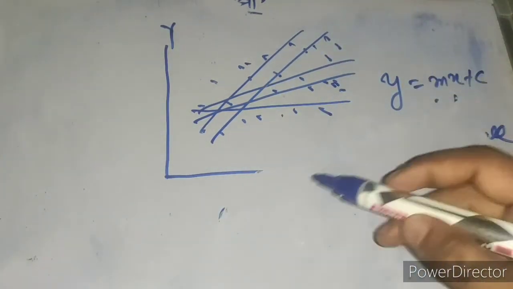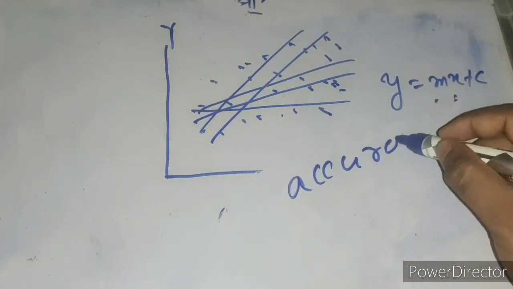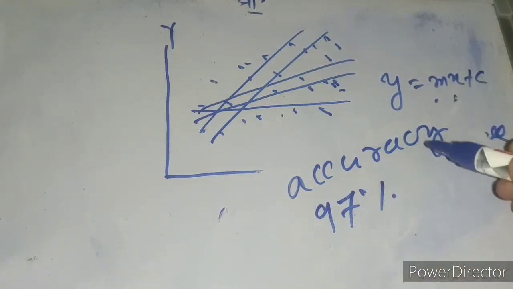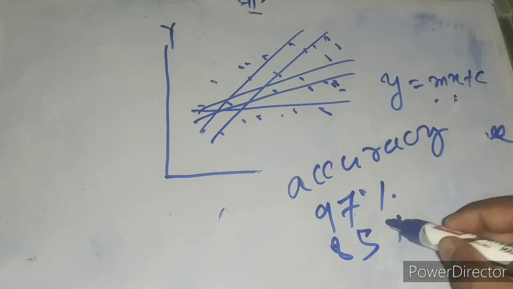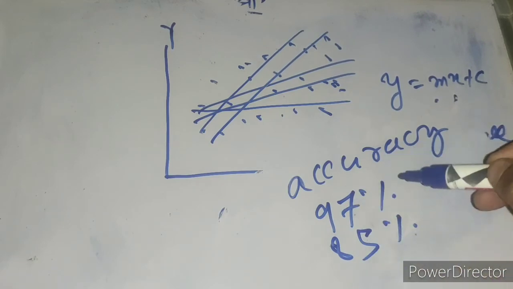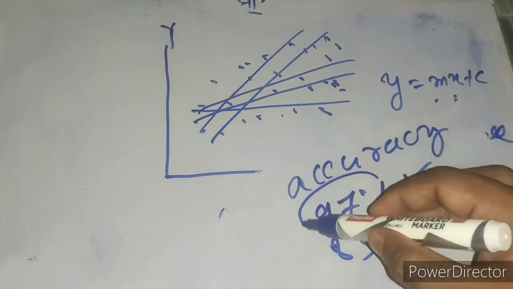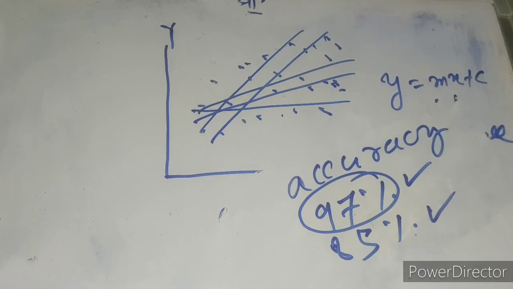So accuracy has to be checked. How accurate is it? Whether it is 97% accurate, or 85% accurate. If one model is 97% accurate and another is 85% accurate, definitely we have to consider the 97% model. And sometimes some models are 100% accurate.